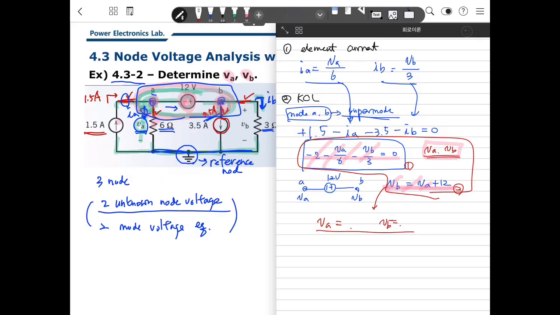Then this node analysis technique is a method that tells us how to start to define the unknown variables and how to make equations based on the unknown variables. That's the method for analysis in the electric circuit.